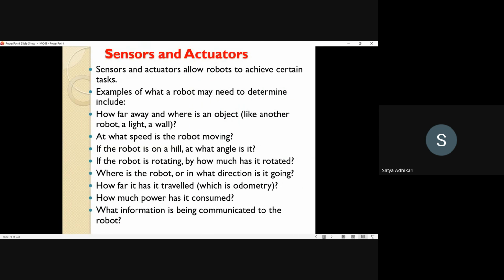Basically, we know sensors and actuators. Actuators are associated with robotic engineering. Sensors and actuators allow a robot to achieve certain tasks.